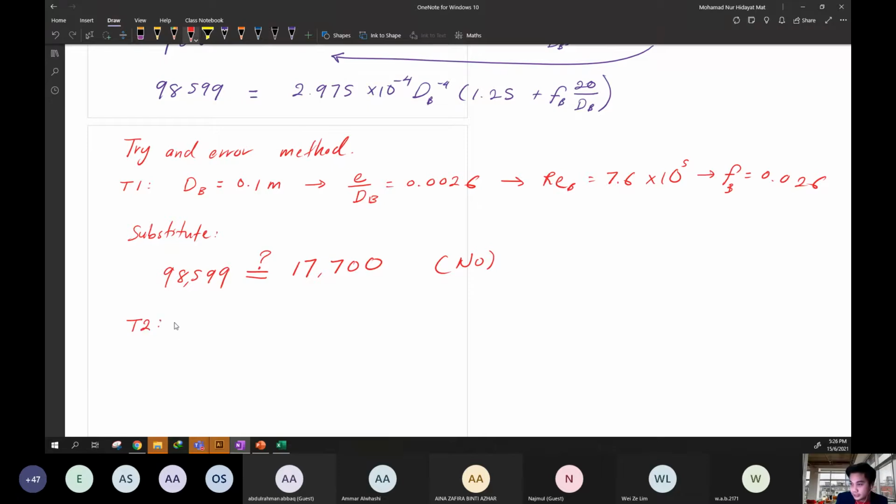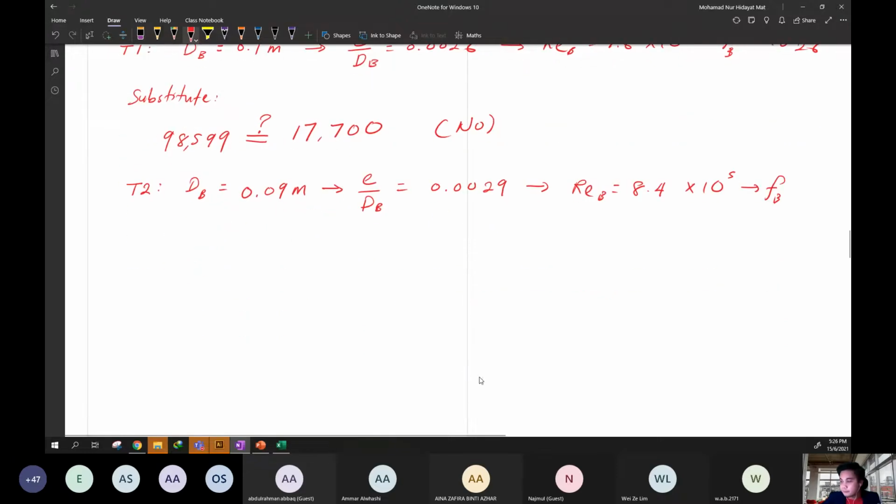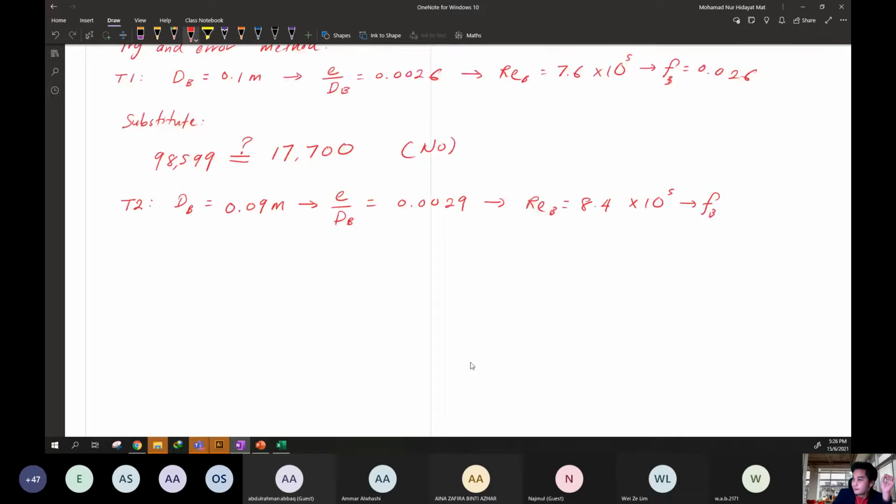So now let's put the diameter at B equal to 0.09 meter. Okay, and then you will find the e over dB to be 0.0029, and then the Reynolds number at B to be 8.4 multiplied with 10 to the power of 5, and therefore FB, look at the Moody diagram, to be 0.027.